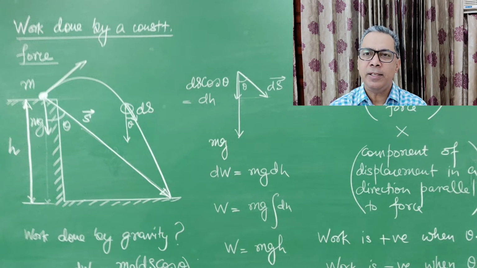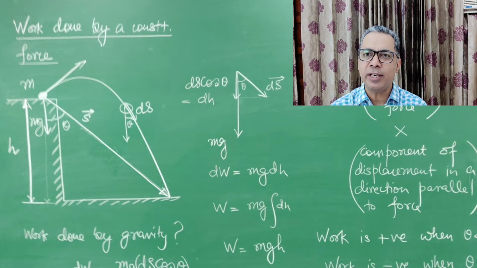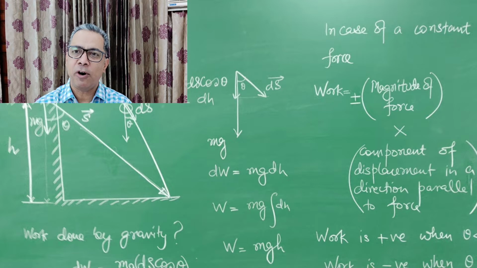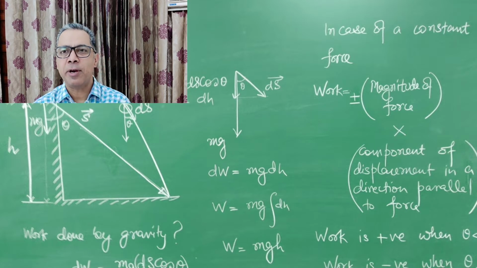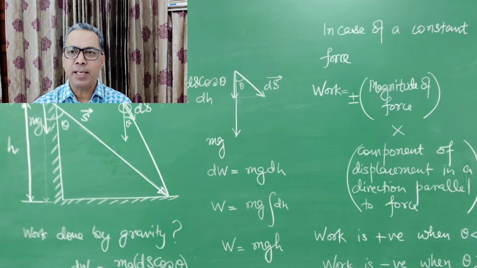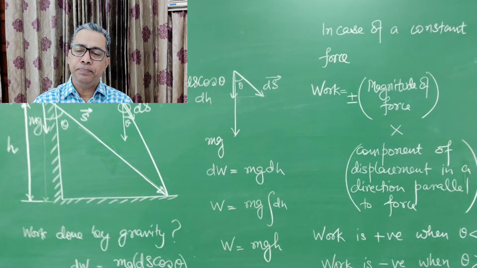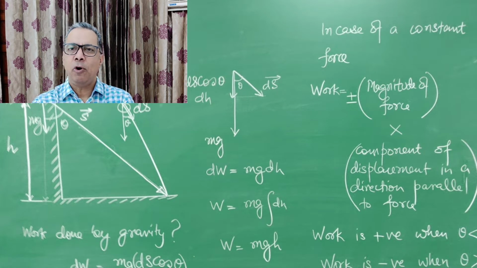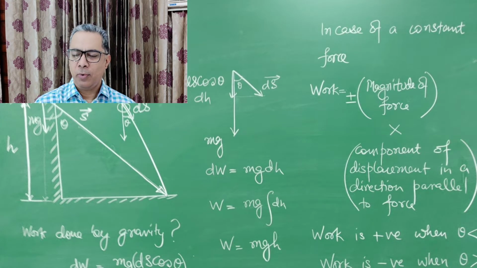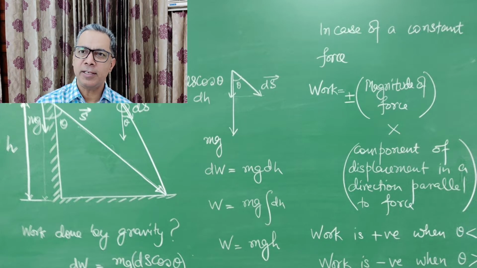Now mg is the vertically downward force, and h is the vertical component of displacement, and we've got our work as a product of the magnitude of force with the component of displacement in the direction of that force. So that's your mental calculation of work when the force is a constant force.